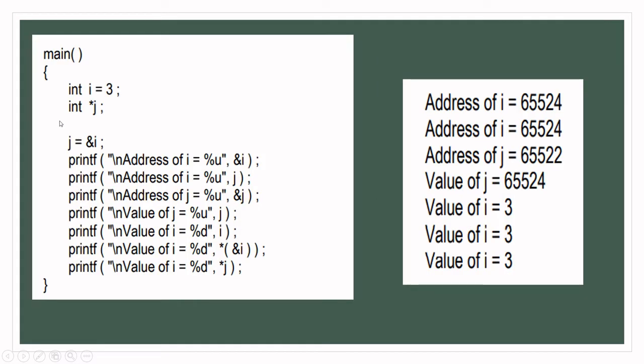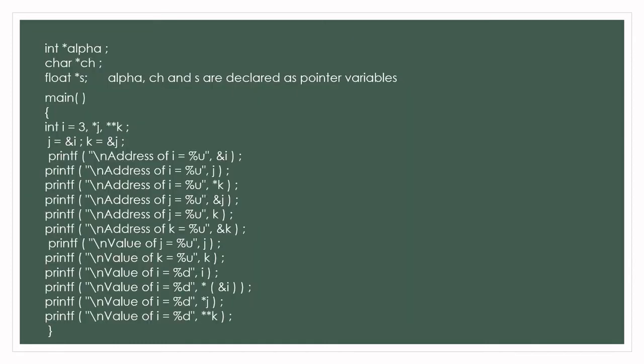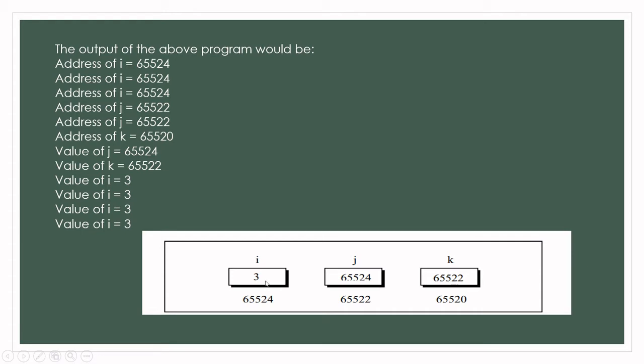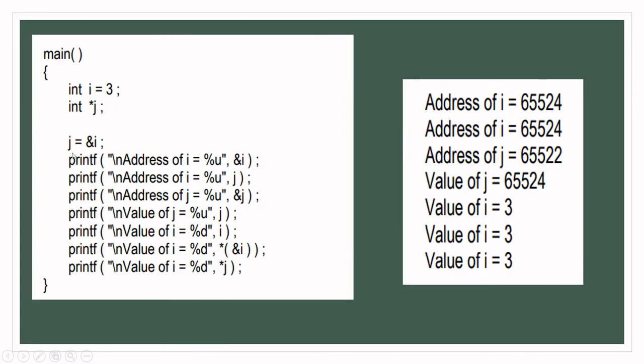Now i is equal to 3, and there is a pointer. This asterisk is known as the pointer symbol, and there is a pointer namely j. For example, i is equal to 3 over here, and it's been allocated in this particular memory location, whereas j, as you can see, is a pointer and it contains the address of i.